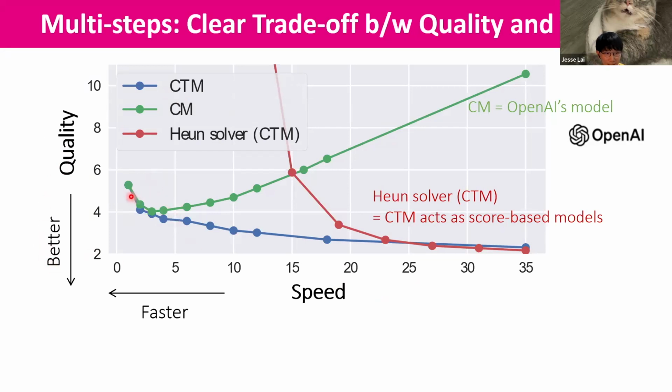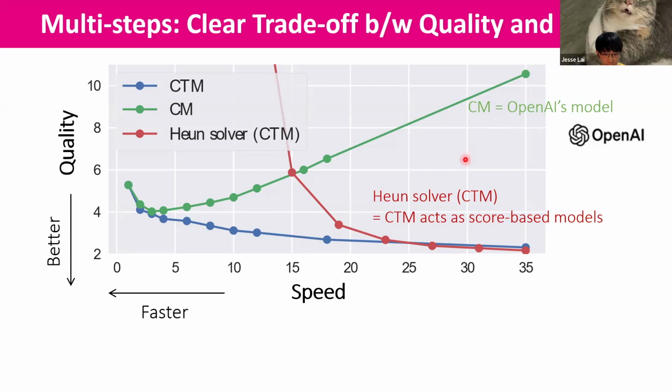For CTM, if we increase the sampling steps, we consistently get better quality, which means you can trade sample speed for quality. However, for CM, if we increase the sampling steps, the quality just gets worse. So we hypothesize that this phenomenon is due to the accumulation of errors in CM multi-step sampling.